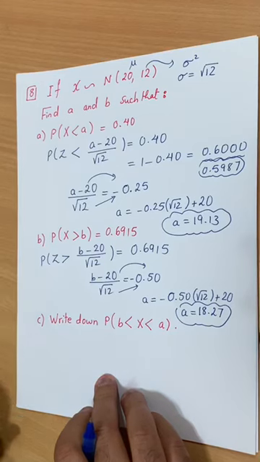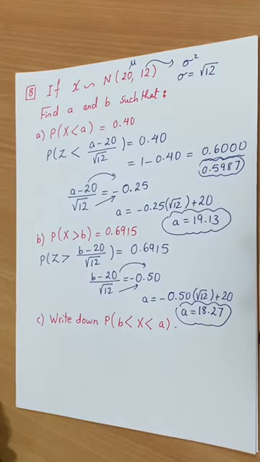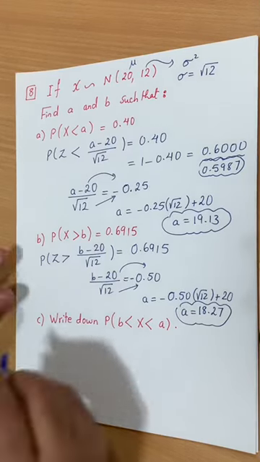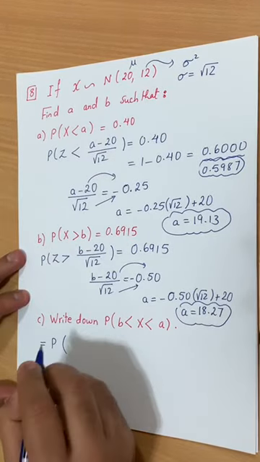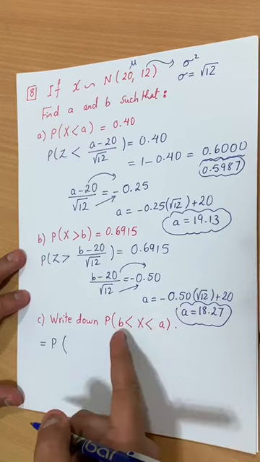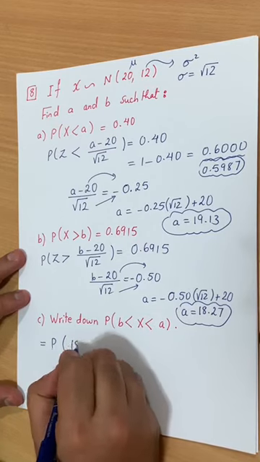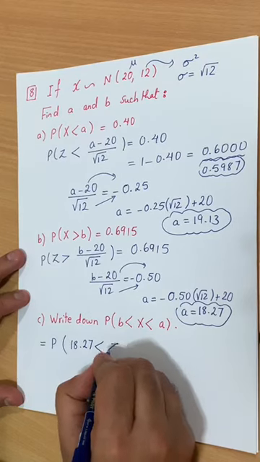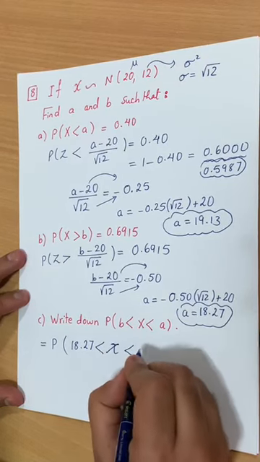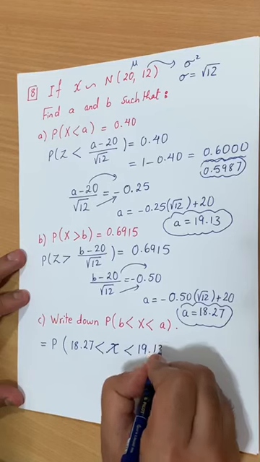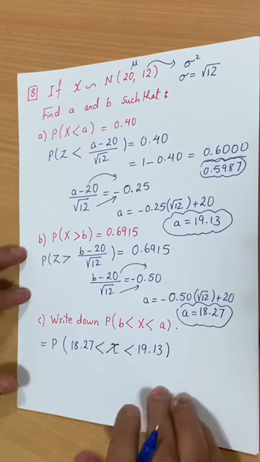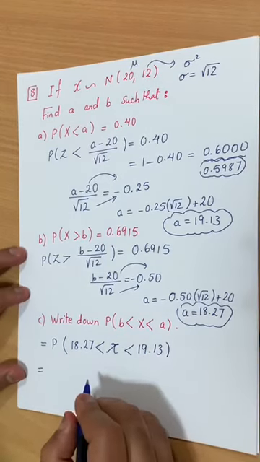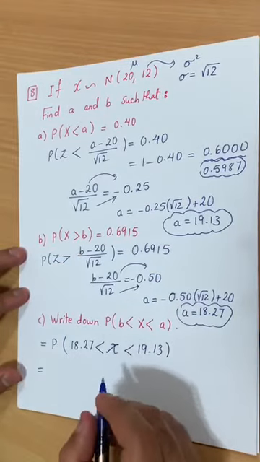Last part, write down probability of b less than X less than a, which means probability of 18.27 less than X less than 19.13. That's it. If you want to find the value of this, basically you have to take the difference.